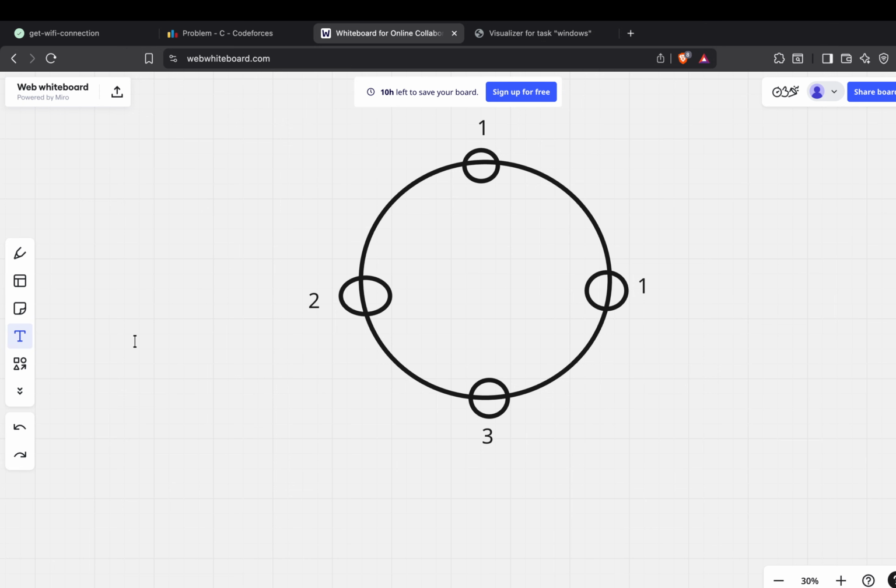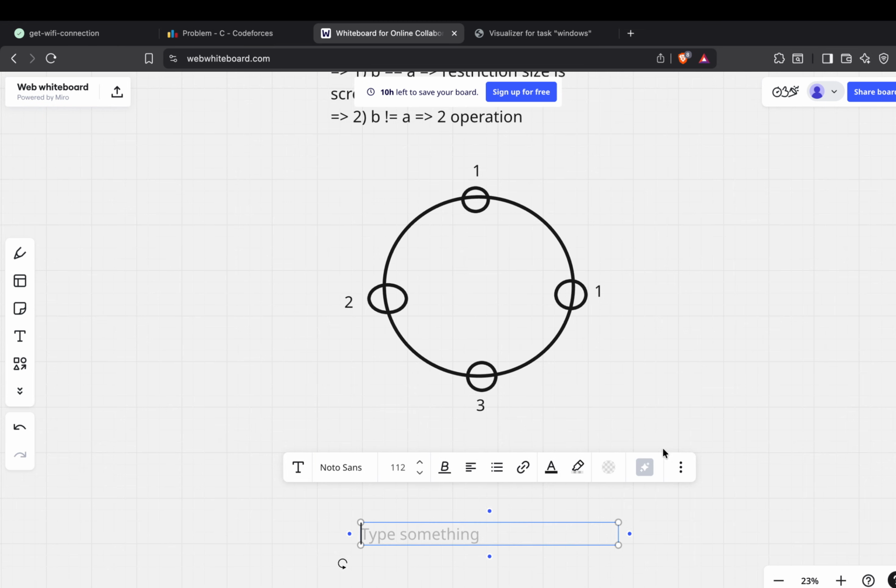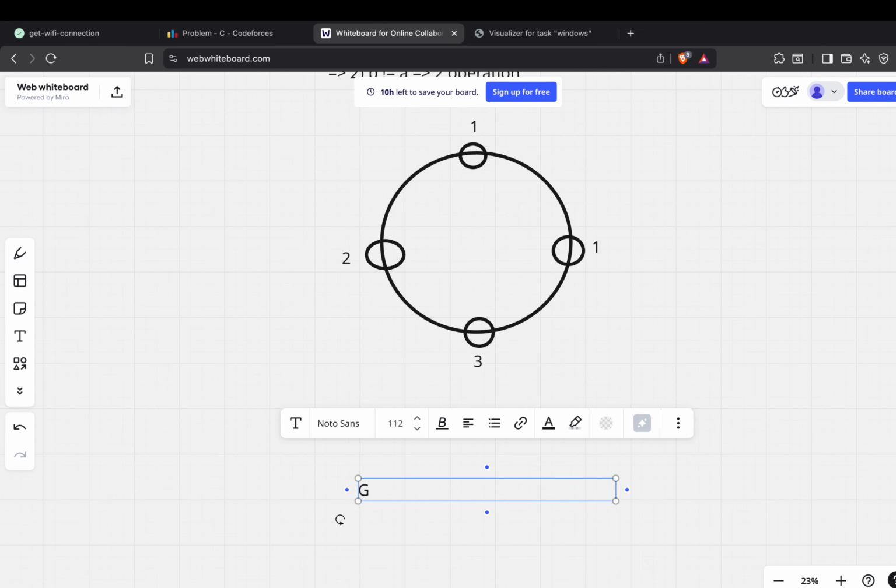So the intuitive greedy idea that comes to mind is to take the pair with minimum cost each time.